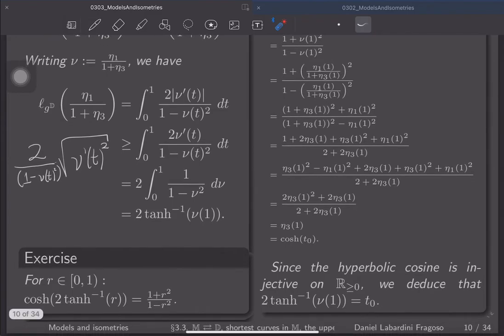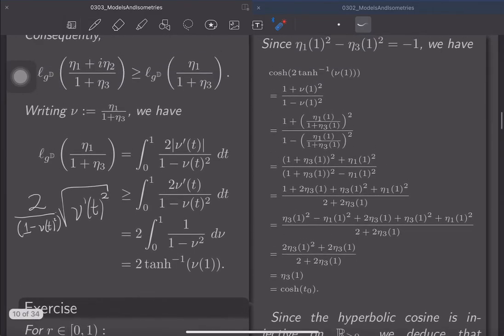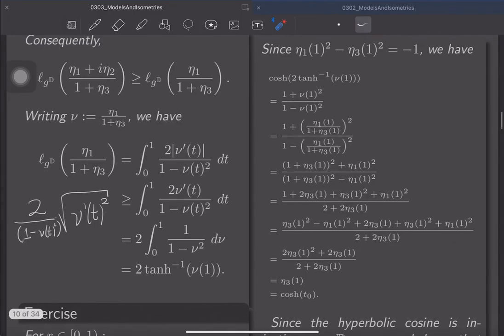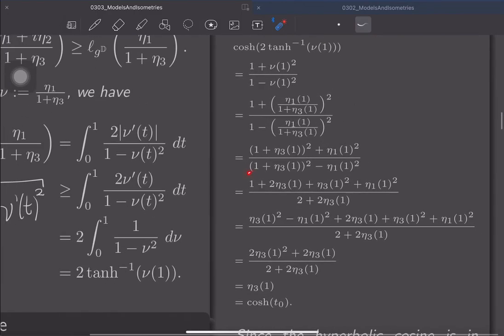Okay, now here, what do I get? So for instance, here in the denominator, I have 1 plus 2 times eta 3 of 1 plus eta 3 of 1 square minus eta 1 of 1 square.